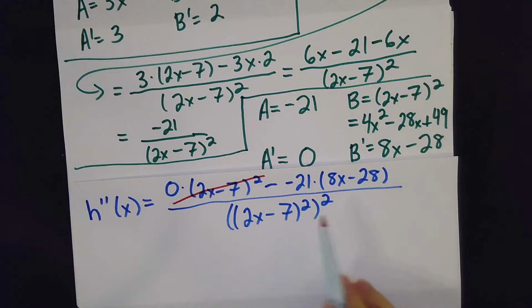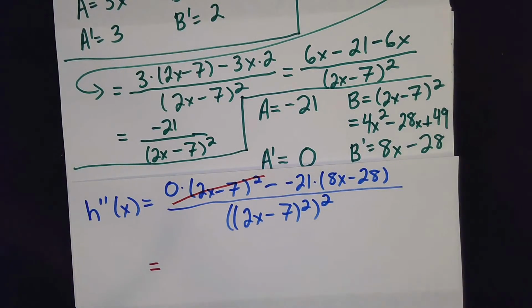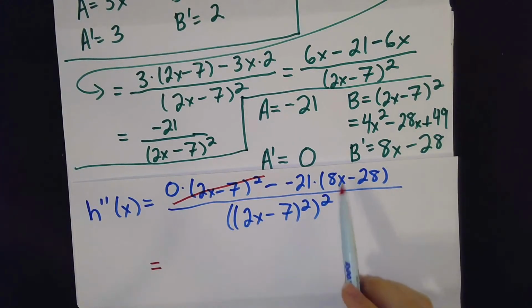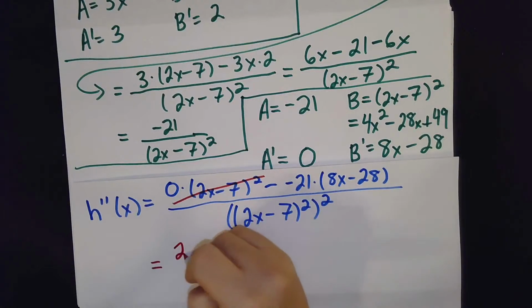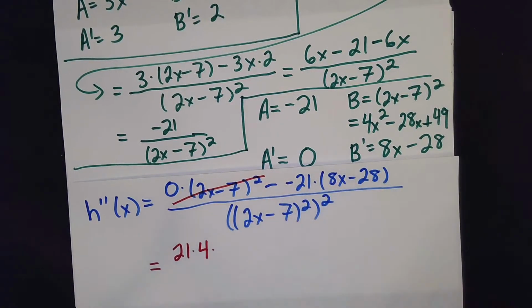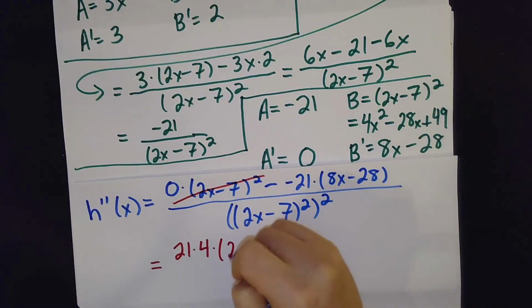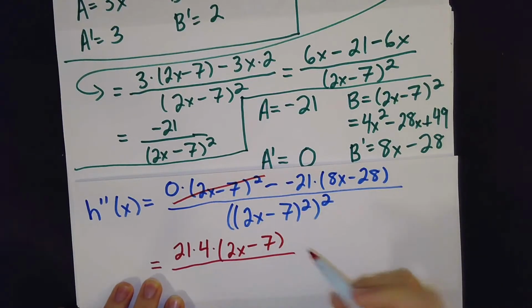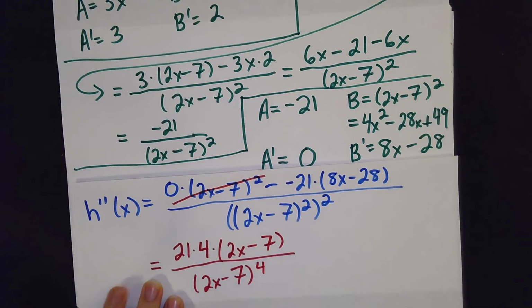So let me try and clean this up a little bit. So I have a minus, so that's a plus. And I can factor a 4 out of this thing. So that will be 21 times 4 times, and then what's left will be 2x minus 7, divided by (2x minus 7) to the 4th.